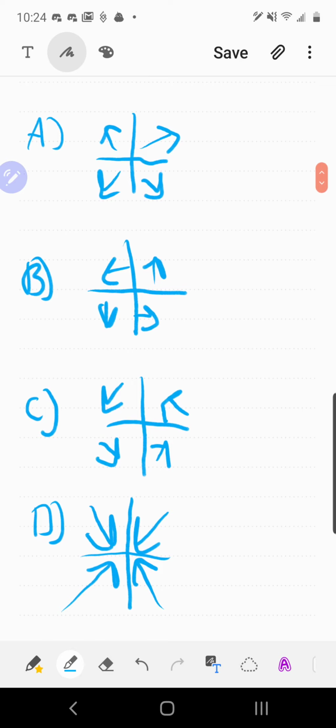So based on our first piece of information, we know that y is negative in the i direction, negative y i.